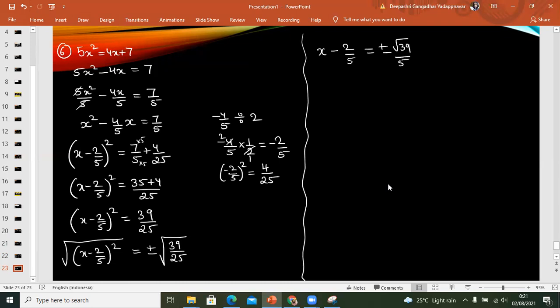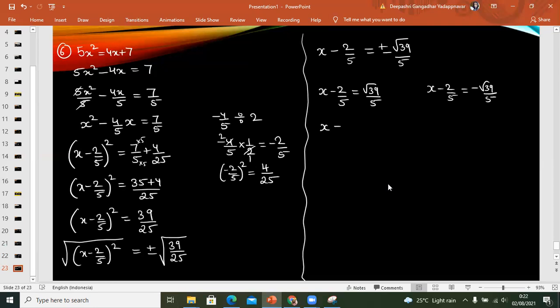So I'm writing the value directly here. Then we have to separate it. x minus 2 by 5 equals positive root 39 divided by 5, and x minus 2 by 5 equals negative root 39 divided by 5.